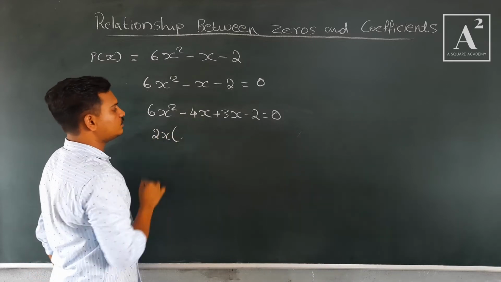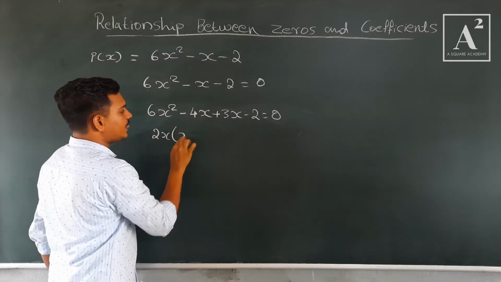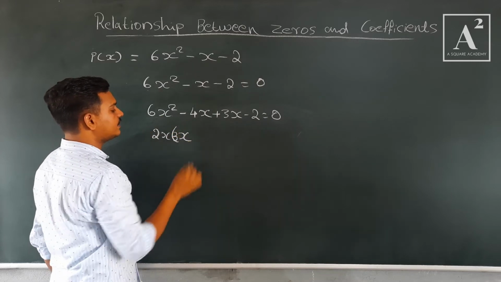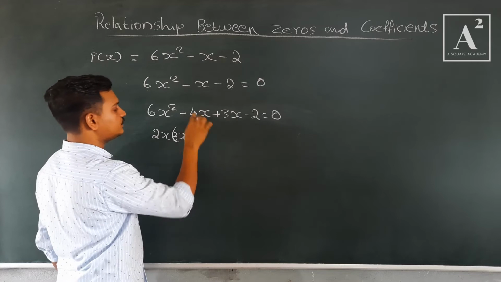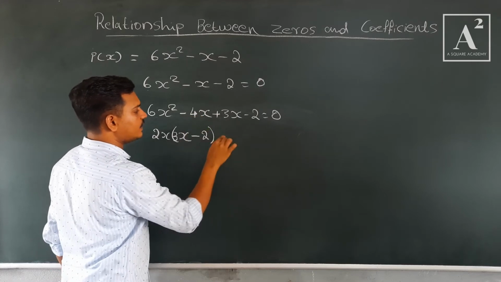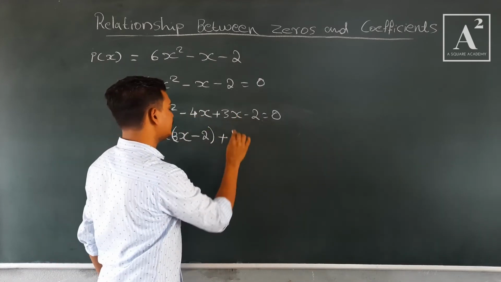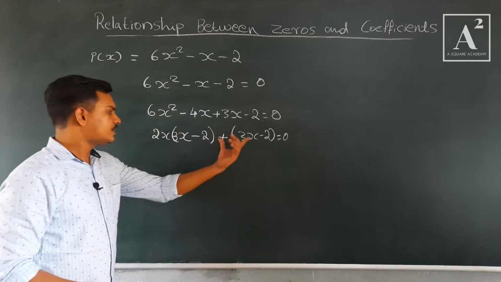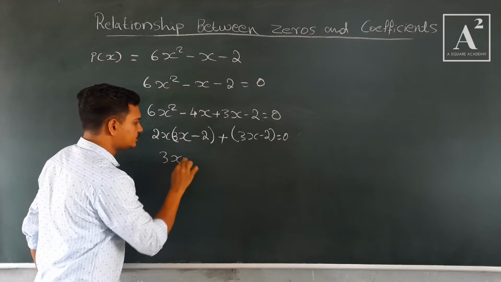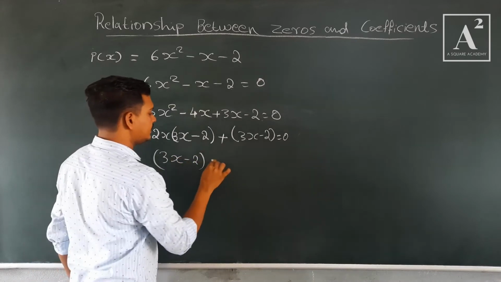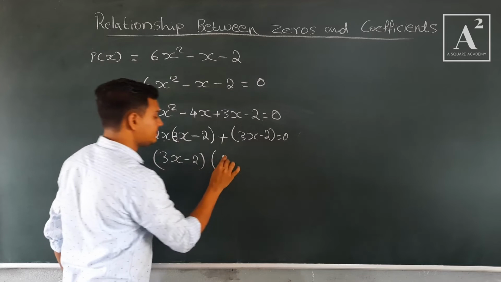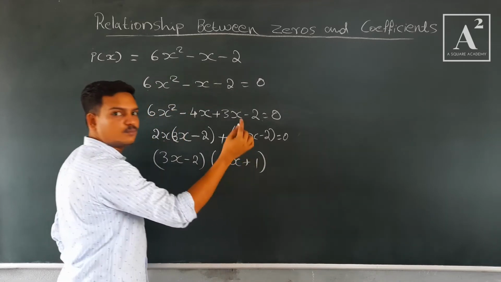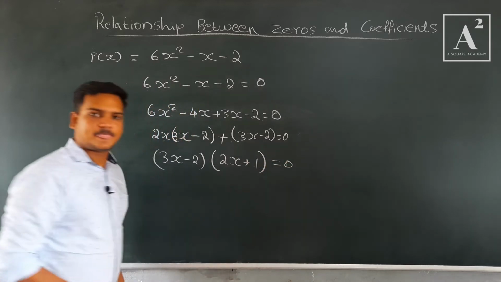So 2x outside, remaining is 3x minus 2, and plus 1 outside, remaining 3x minus 2, is equal to 0. Now the factor 3x minus 2 outside, remaining in the other terms is 2x plus 1, is equal to 0.